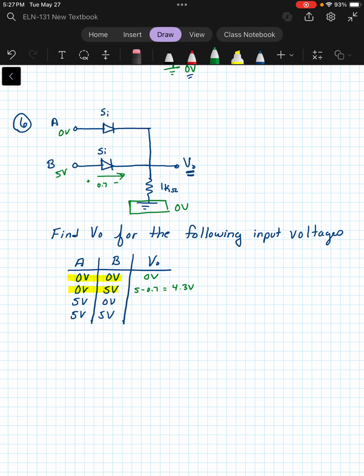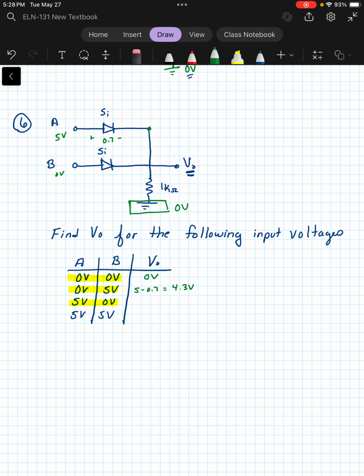Okay. Let's look at the next scenario. If we have 5 volts at input A and 0 volts at B. Again, the 0 volts is not enough to turn on the diode at B, but the 5 volts at A is enough to forward bias the diode there.